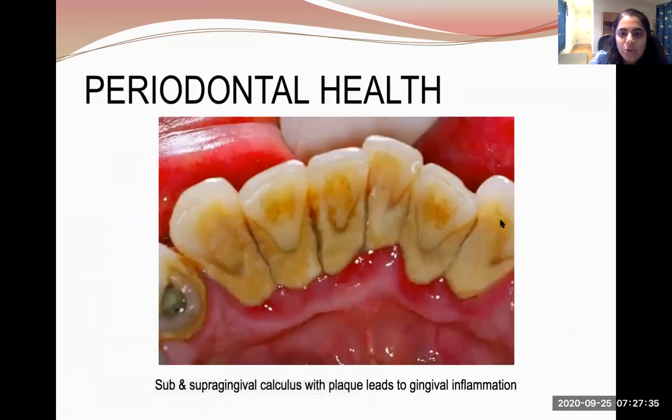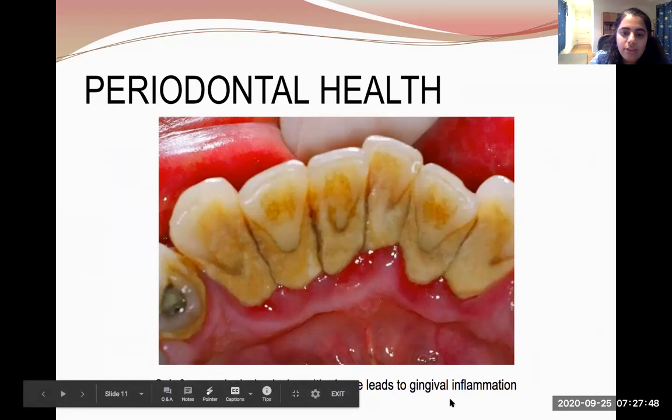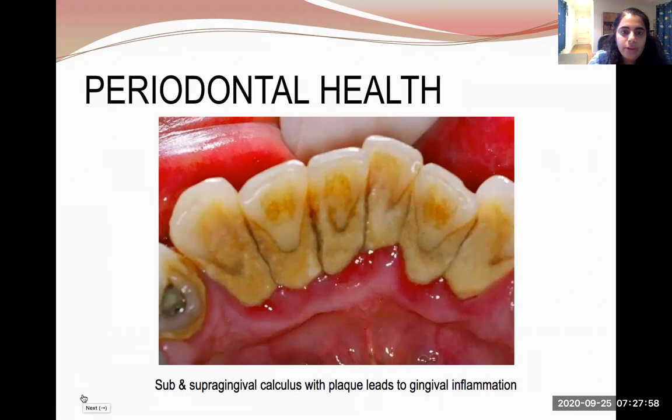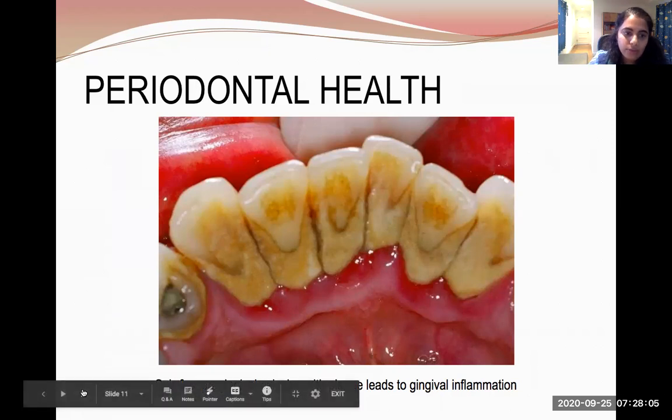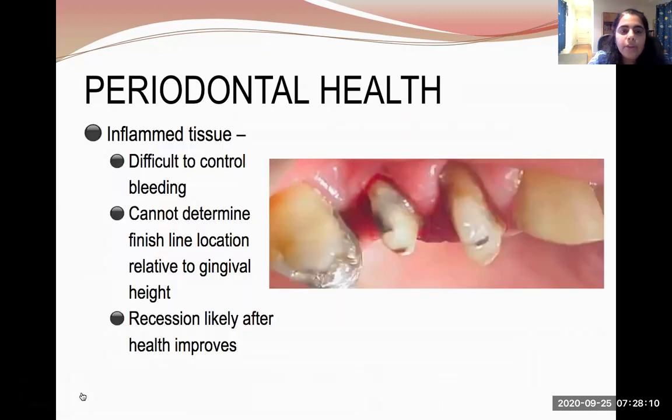And I'm sure you've seen this in your day-to-day dentistry, and you know how important it is to take care of this problem before you start addressing the crown, because subgingival and supragingival calculus will lead to gingival inflammation, which will lead to bleeding and which will cause a lot of problems before taking the final impression, and then there can be more recession after doing the crown, so it can worsen the condition of the gingiva if it's not done in the right conditions.